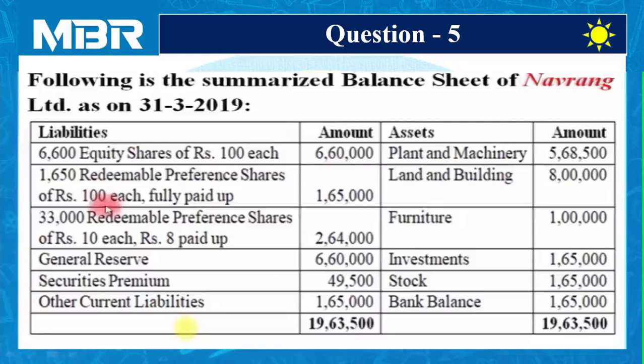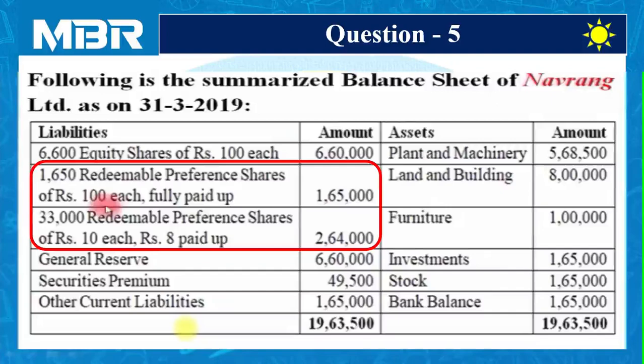Total 6,60,000. 1,650 redeemable preference shares of rupees 100 each, fully paid, amount 1,65,000, and 33,000 redeemable preference shares of rupees 10 each, rupees 8 paid up, 2,64,000. For the purpose of clarity of your idea, I have circled this information with red colored border.